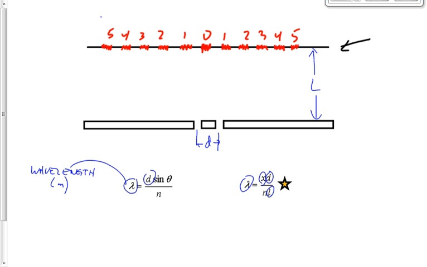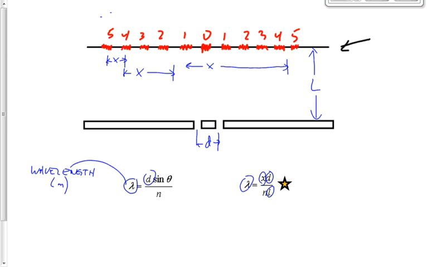It can be the distance between the fifth maximum and the fourth maximum on the left-hand side. Or it can be the distance between the fourth maximum and the second minimum on the left-hand side. Or it can be the distance between the first maximum on one side and the fifth minimum on the other side. It doesn't matter.